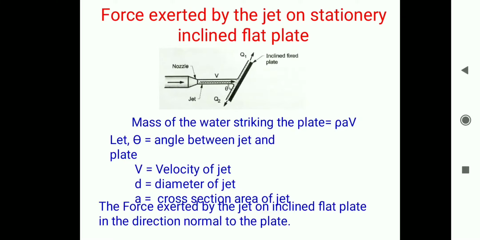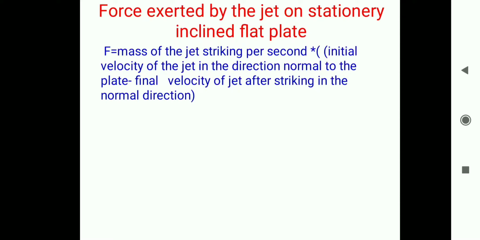The force exerted by the jet on inclined flat plate in the direction normal to the plate is given as force is equal to mass of the jet striking per second into initial velocity of the jet in the direction normal to the plate minus final velocity of the jet after the striking in the normal direction.